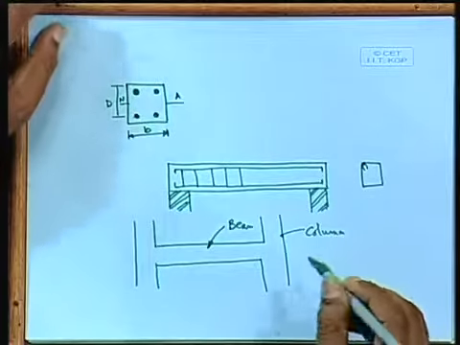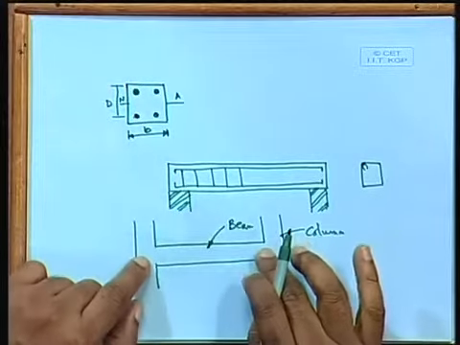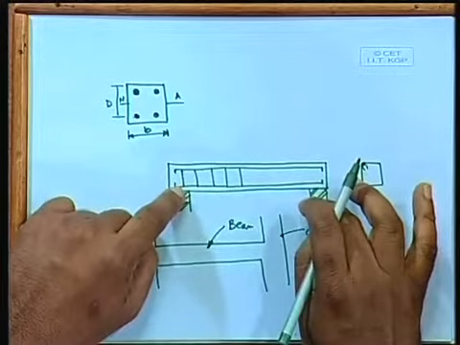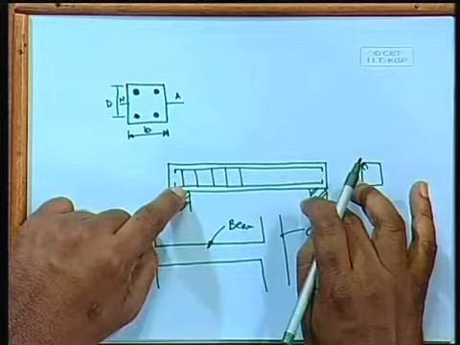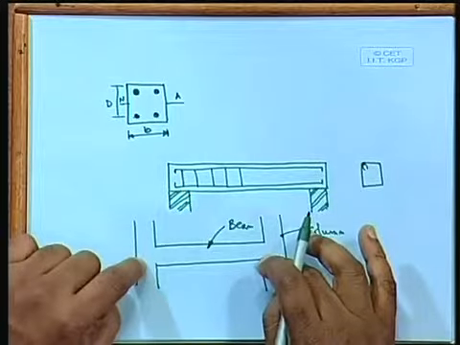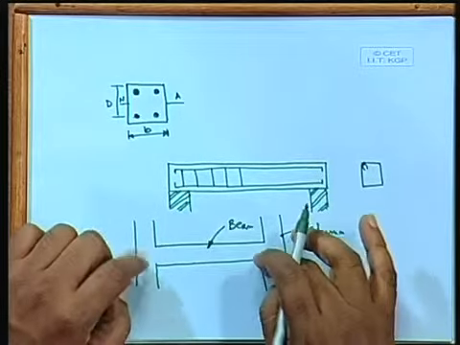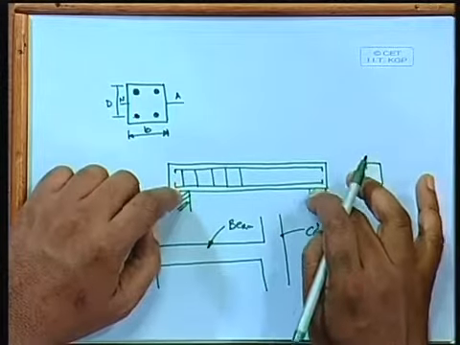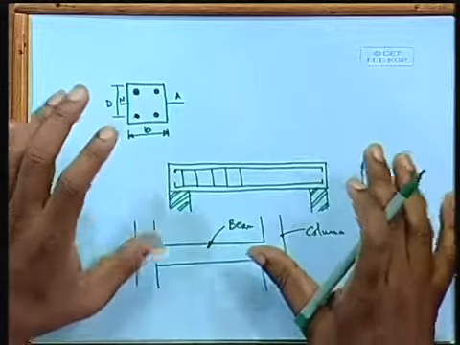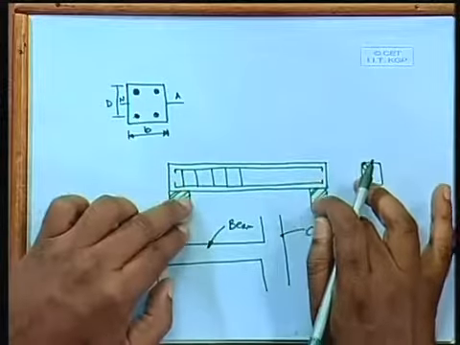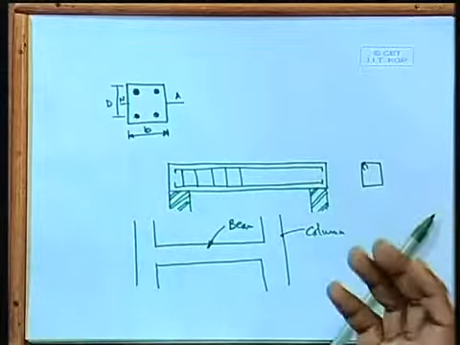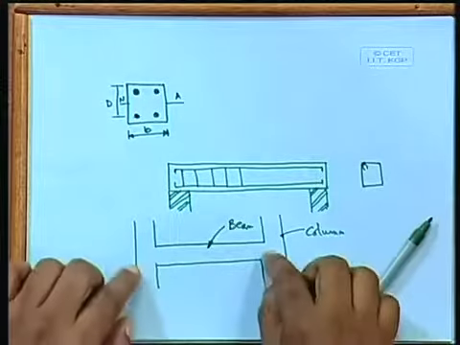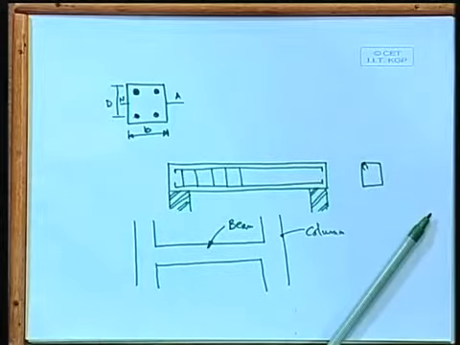What I mean to say here is that the support condition in this case and the support condition in this case are different. The fixity, that means the way it is held here and the way it is placed here, are two different support conditions. In this case, you are simply placing the beam on top of the wall, whereas here you are fixing it as if it is clamped.